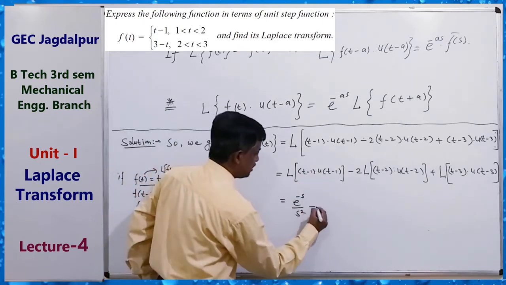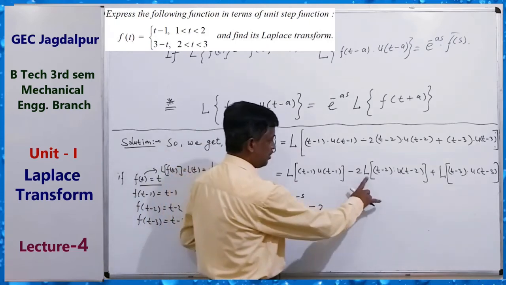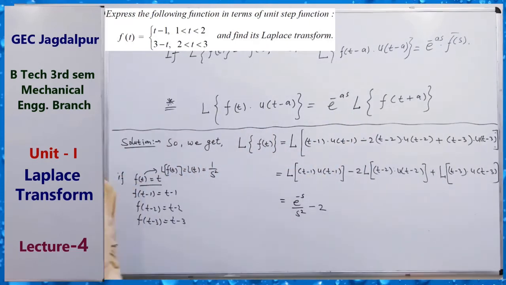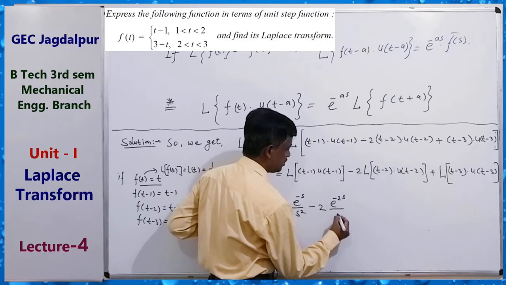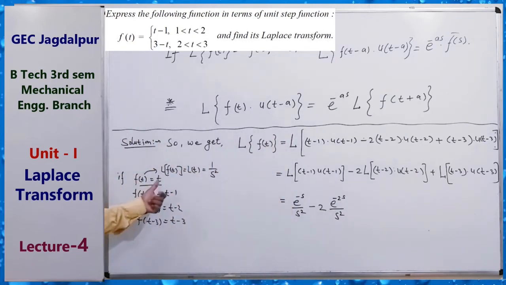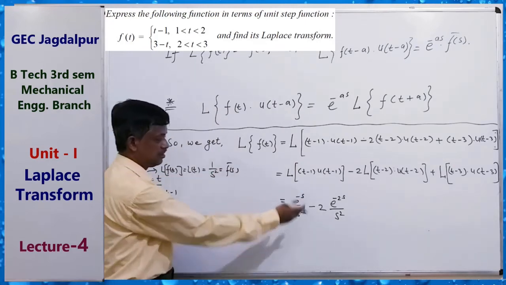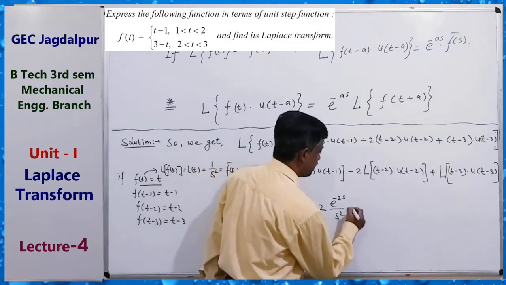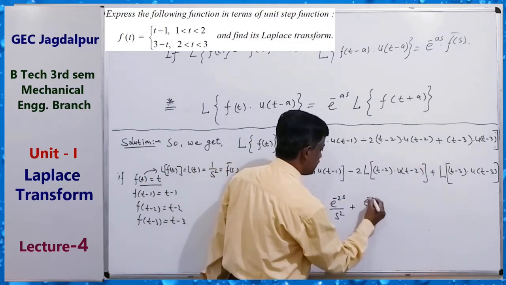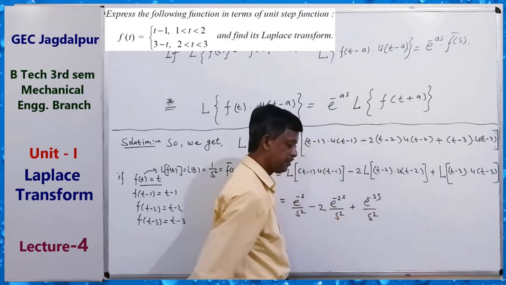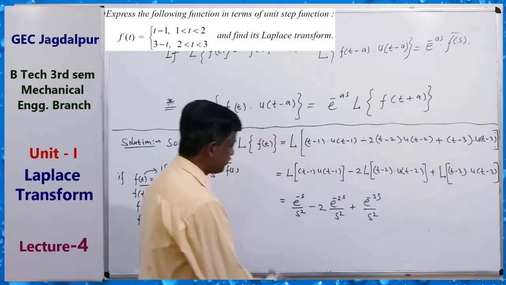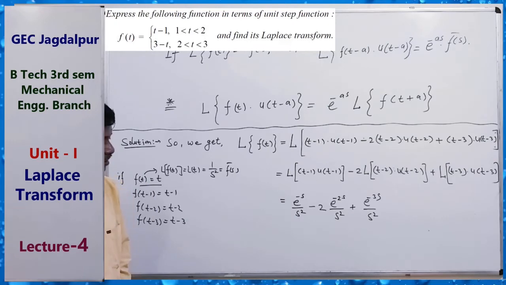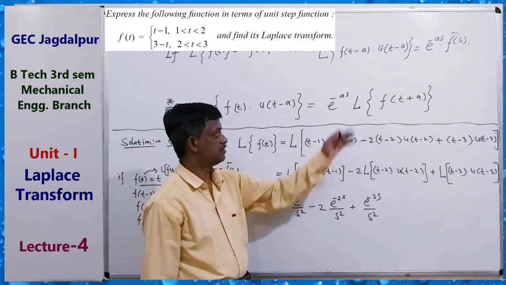Similarly, for the second part, with minus 2, you can write e to the power minus 2s upon s square, and here e to the power minus 3s upon s square. So this is the Laplace transform we can write.